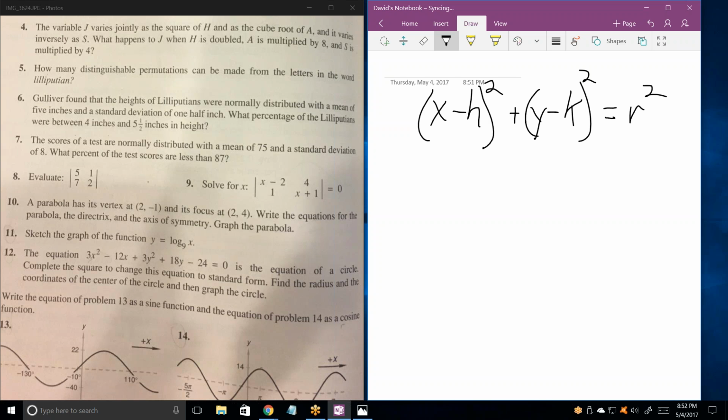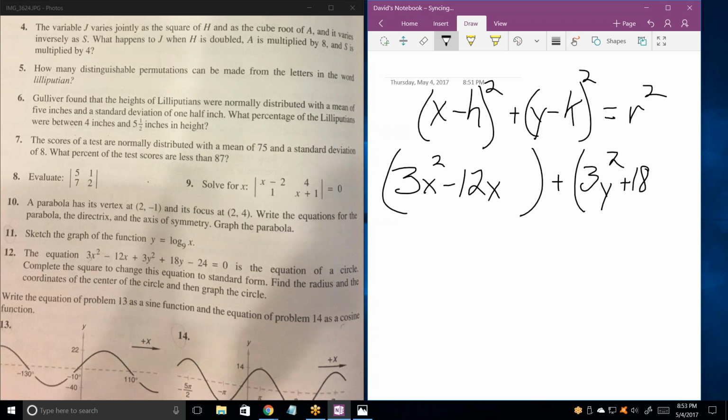So, the way we complete the square is we group the x terms together, leaving room to complete the square. We group the y terms together, leaving room.